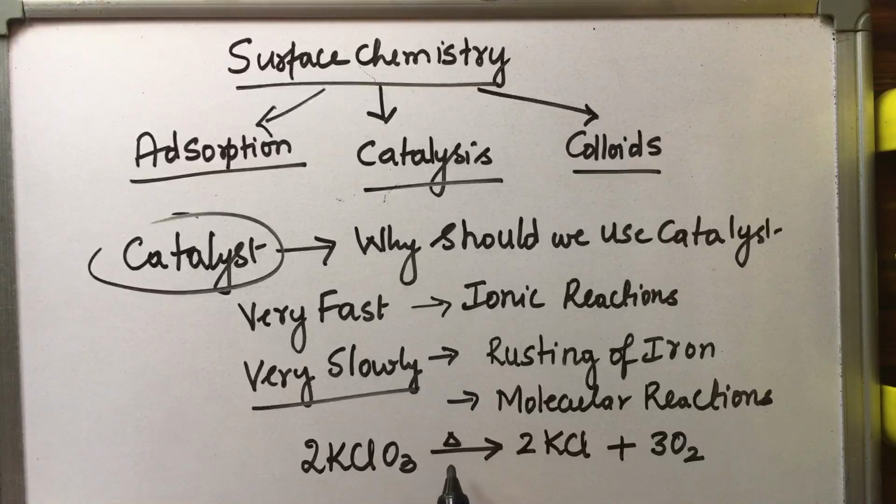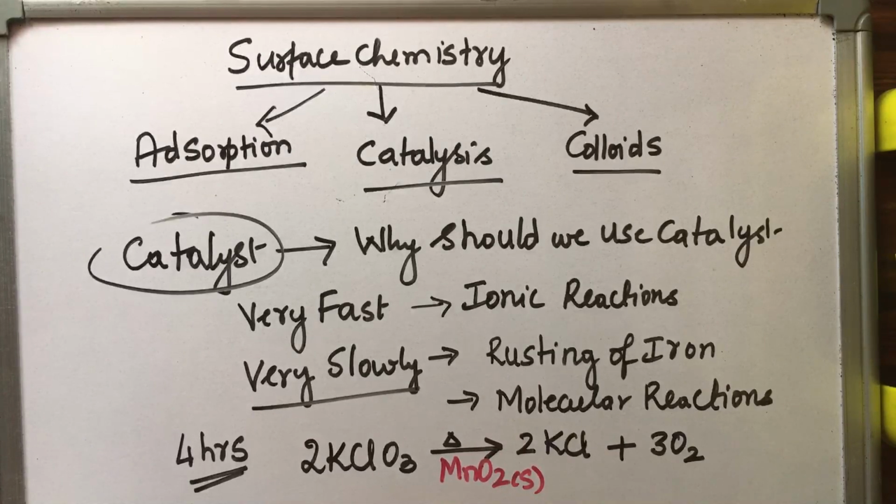Suppose I don't use any catalyst, for the completion of this reaction it may take nearly 4 hours. Now, if I use a catalyst like solid MnO2, this MnO2 will not be consumed during the reaction.